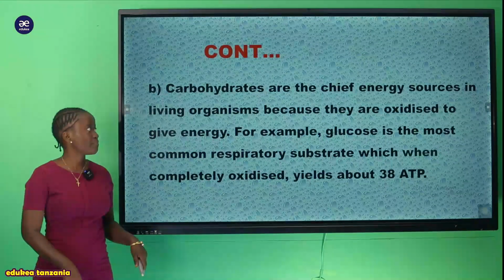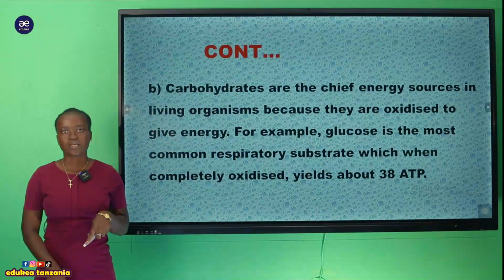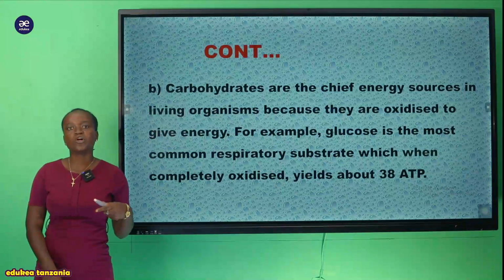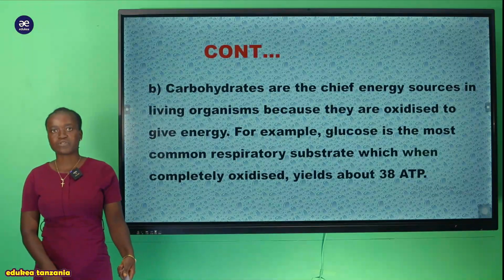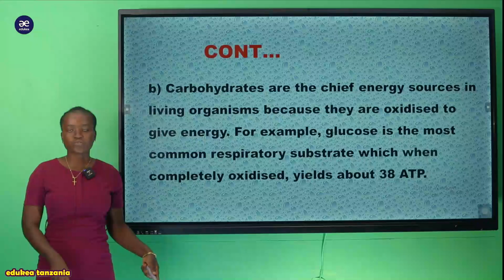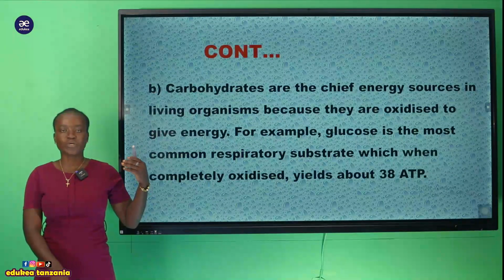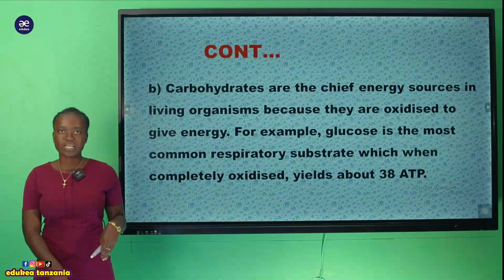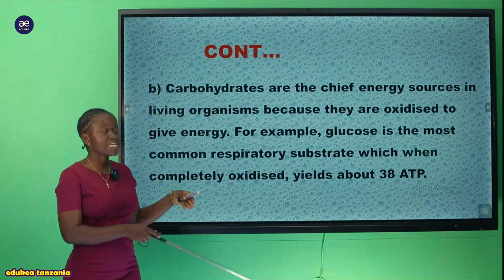So tunasema kwamba most of carbohydrate, they are energy source. Ndizo ambazo zina provide a lot of energy compared to the rest of the respiratory substrate. Kwa mfano hapa tukiongelea hii glucose tukitumia kwenye masuala ya respiration or into a body use, any kind of body use, it has ability to make about 38 ATP.